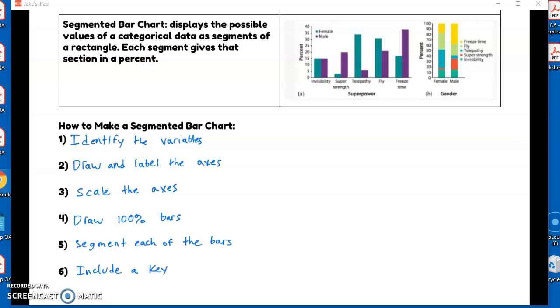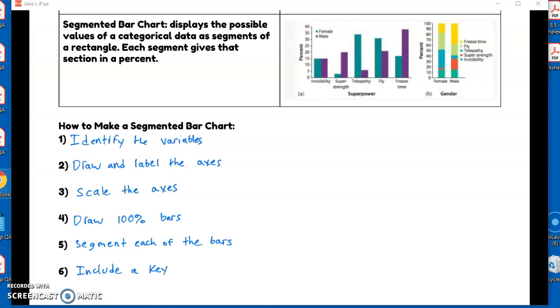So the gender would be the explanatory, and what superpower this person prefers would be the response. Next, you have to scale the axes, which just refers to the percents. Draw 100%: each of these segmented bar charts always goes up to 100%. Then segment each of them, which is just marking out the percentages. And then you have to include a key, otherwise we don't know what those bars mean.